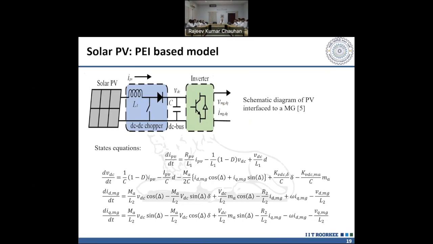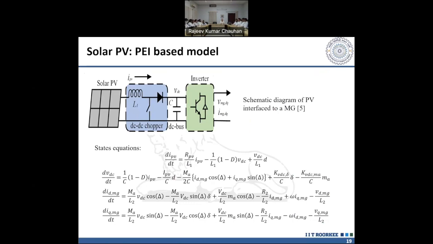This is called DC-DC converter. What's happening here? I am getting the voltage from the solar panel. This converter is a simple DC to DC converter, which is giving you a DC voltage here. But what happens? Your solar radiation will change, so your DC voltage will change.